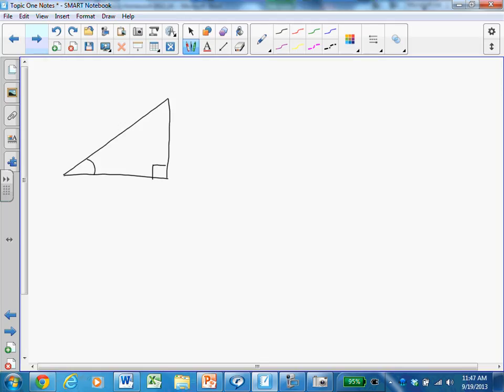The right angle's value is what? 90 degrees, right? And when we have other angles, sometimes we call them theta. That's just a typical angle name. Greek symbol theta. So this thing here is theta.